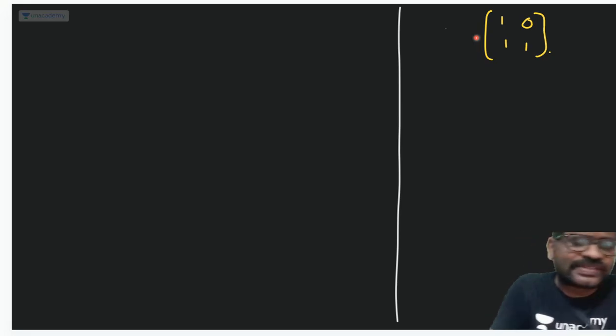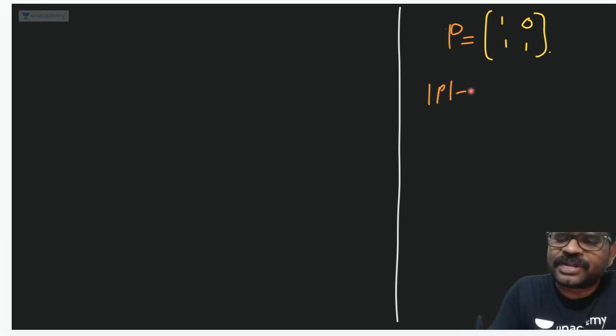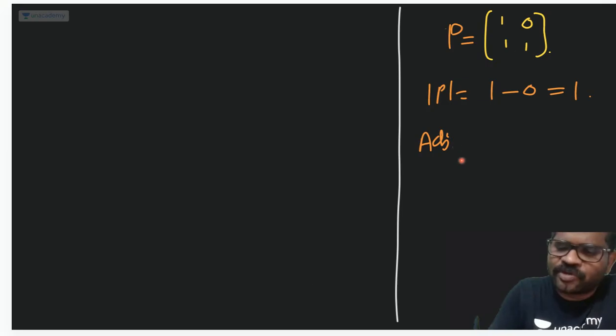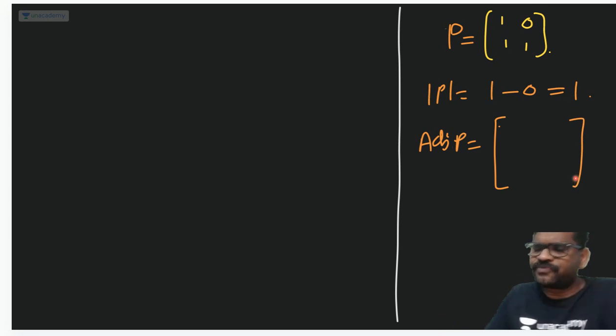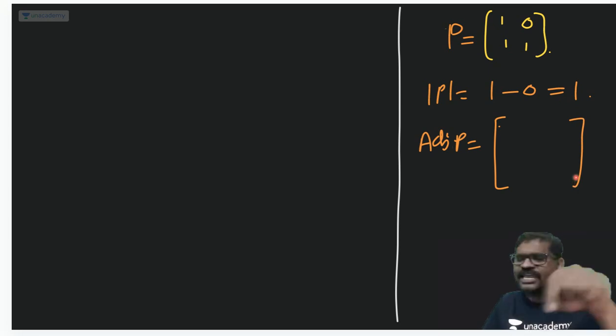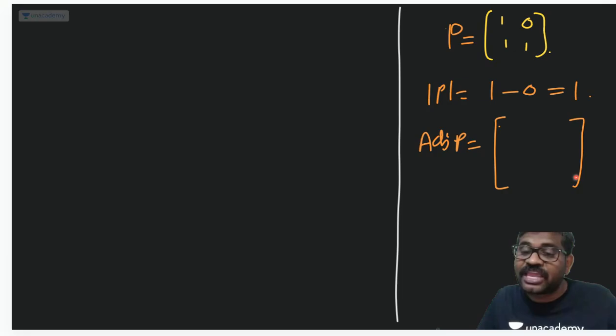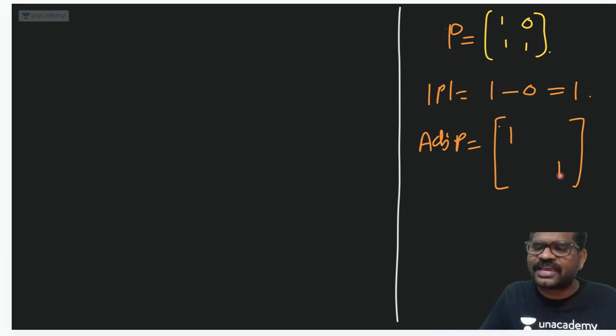What is the determinant? Suppose I say matrix P, what is the determinant? Determinant of P is 1 minus 0, 1. Now adjoint of P. If matrix A is A, B, C, D, adjoint of A is D, minus B, minus C, A. 1, 1 here, 0 here, minus 1 here.